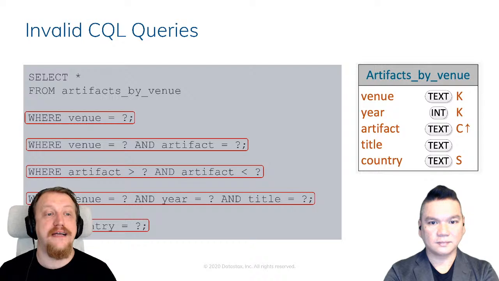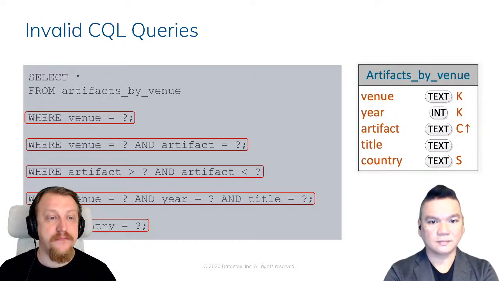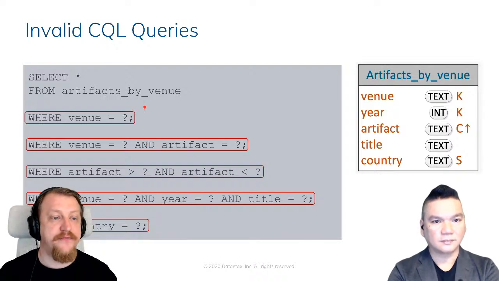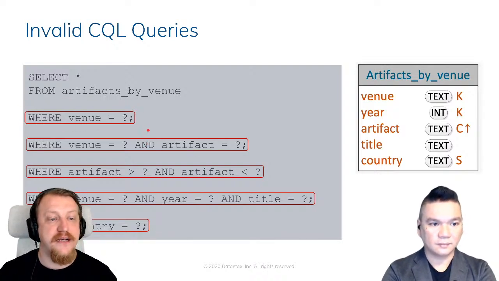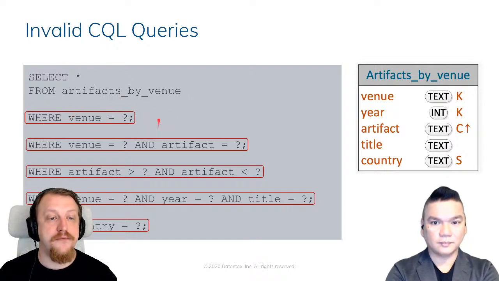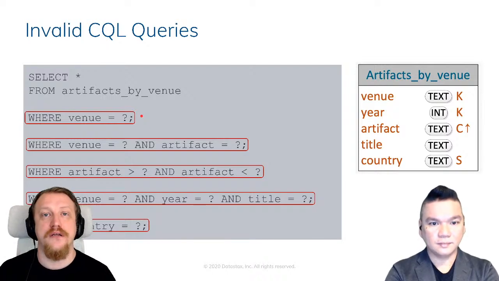And those are examples of bad queries. We are doing the same select on the same table, but in the first case, I am specifying only part of the partition key, because I also need year here, which I am not specifying. What does that mean? We cannot identify the partition.